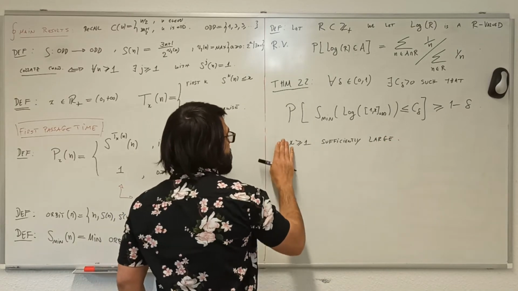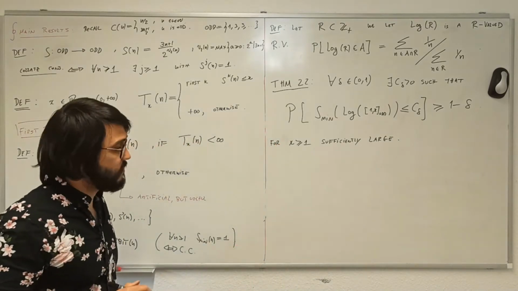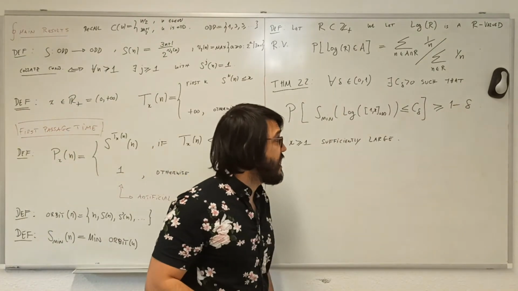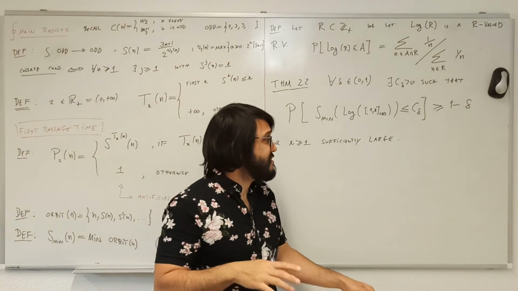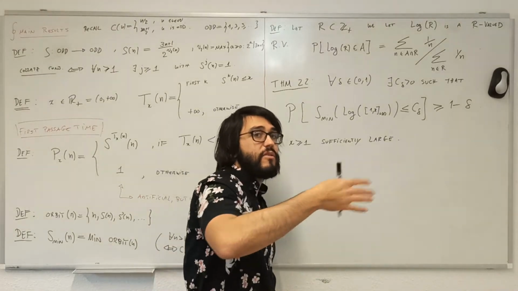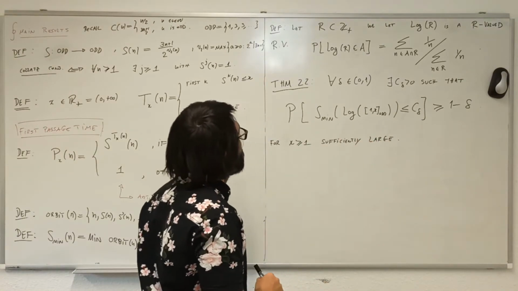So maybe I should say for x greater than or equal to 1 sufficiently large. So that means that there is another constant, let's say C prime of delta, implicit here, that when x is greater than or equal to this C prime of delta, this inequality holds again.